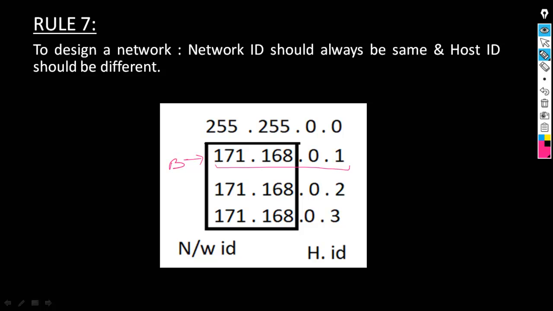In the same way, the next IP I'll be giving will be 171.168.0.3. As you can see here, the network ID remains the same, as mentioned in the rule that the network ID should always be the same. So this part is the network ID which is the same throughout the network, and this part which is the host ID is changing, it is different, it's not the same. As long as the machines are in the same network, they will be able to communicate.